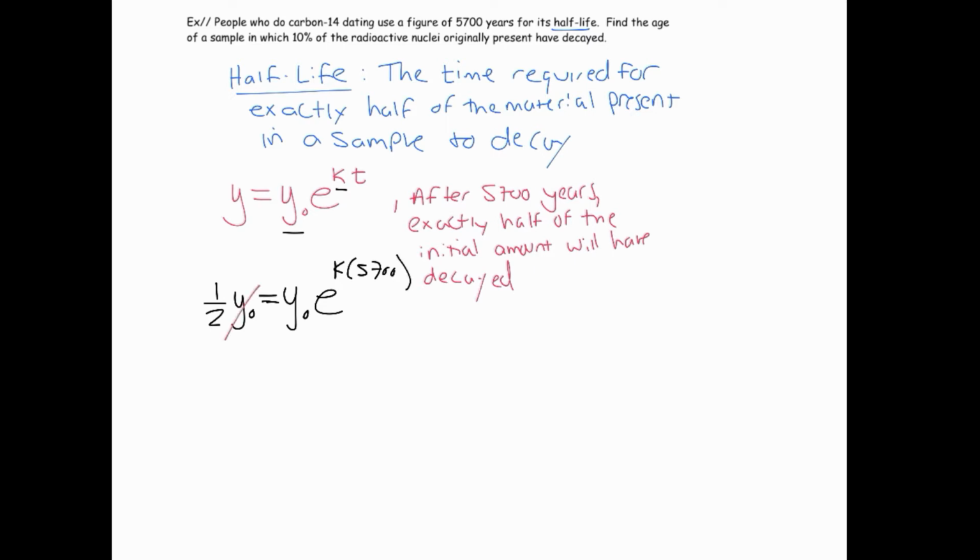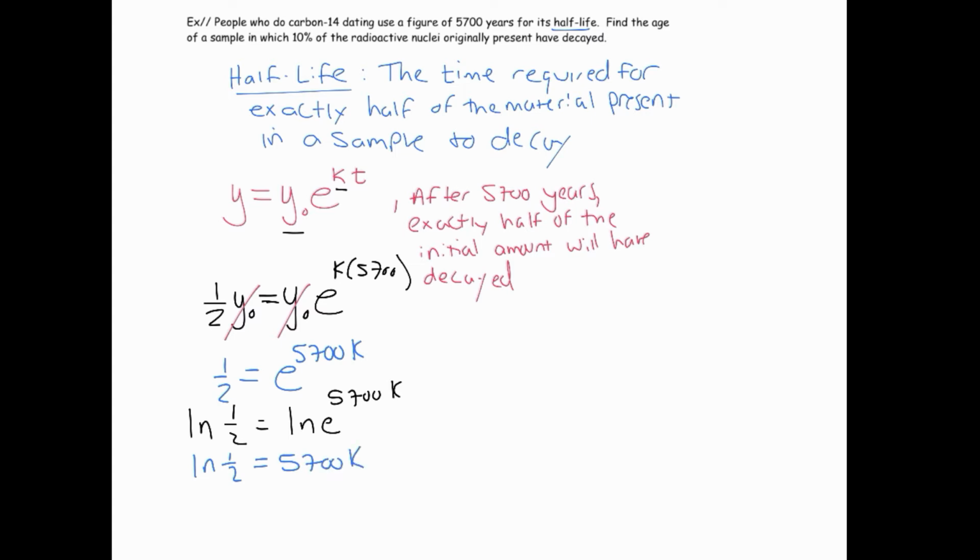And you'll see that these cancel, and we end up getting that 1/2 is equal to e to the 5,700k. And if we take the natural log of both sides, seeing how ln and e are inverses, this turns into ln of 1/2 is equal to 5,700k.